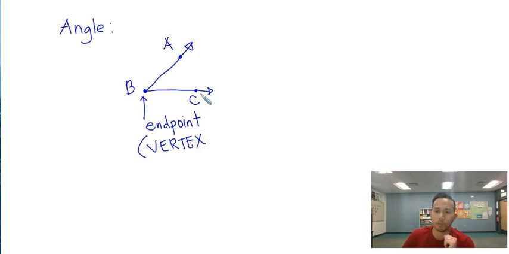Make sure that we put the symbol for angle. You name that as angle ABC. Take note that the middle letter will always be your vertex.